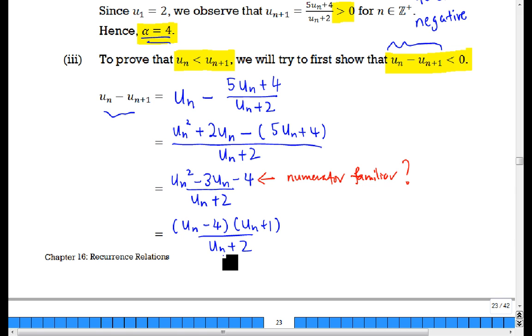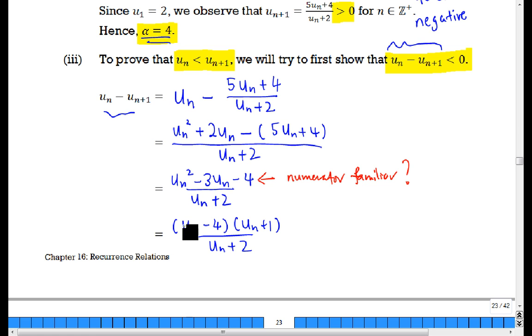Alternatively, if this is positive and that is negative, it will also give us negative. Because I have factorized this expression, I then consider the signs of the individual factors. So let's consider each factor.